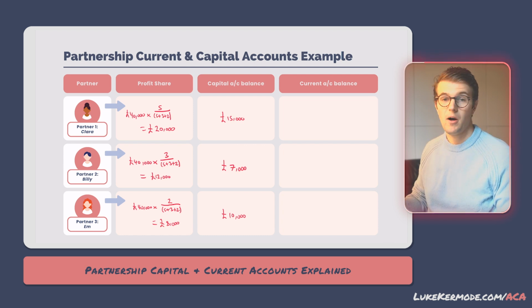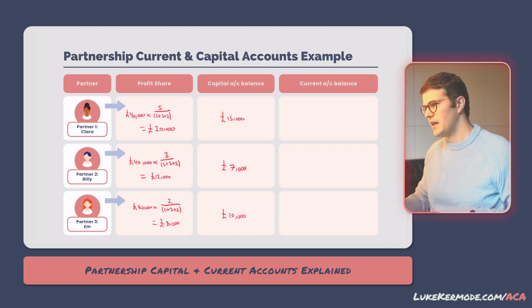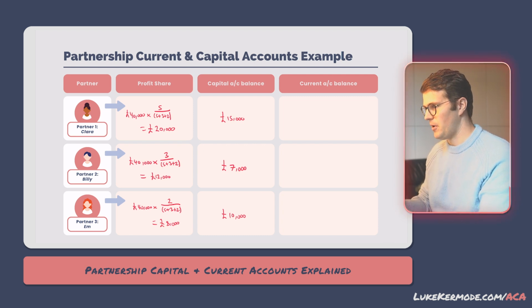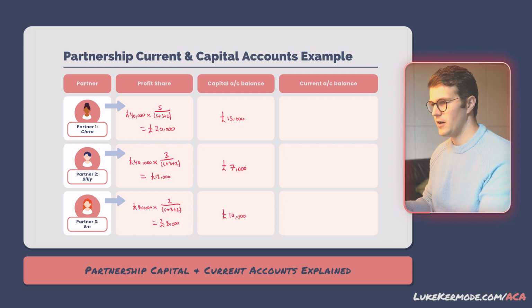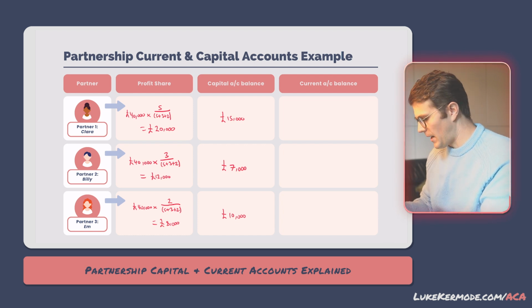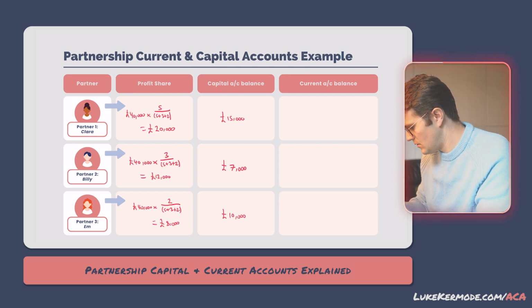Finally, let's adjust each partner's current account balance by taking into account the opening current account balance figure and adding the appropriated profit for each partner, as well as deducting their drawings, which we were provided with on the previous slide. So Clara's current account balance at the end of the period is equal to the opening balance of 6,300.